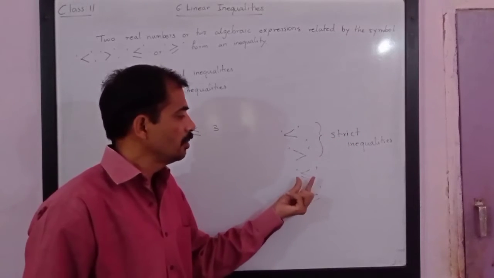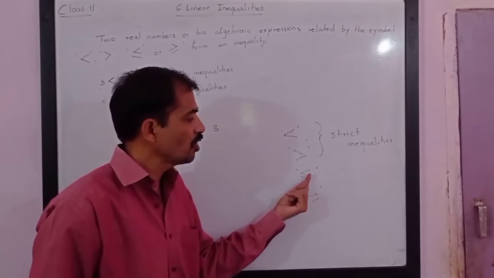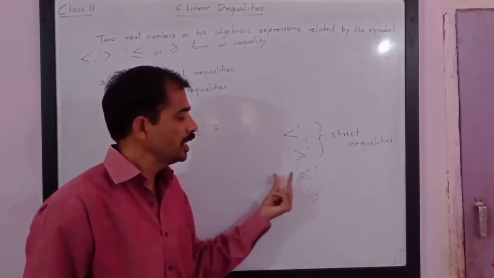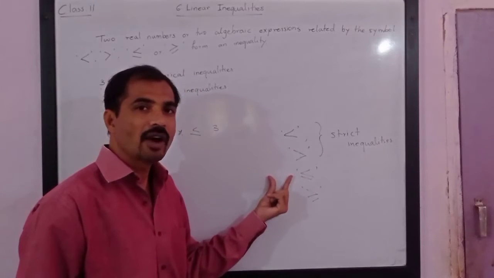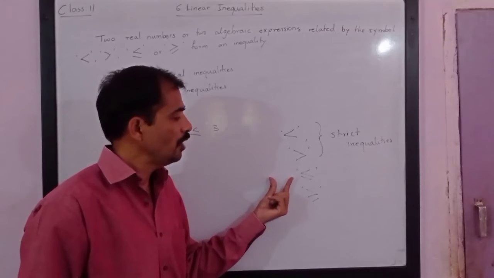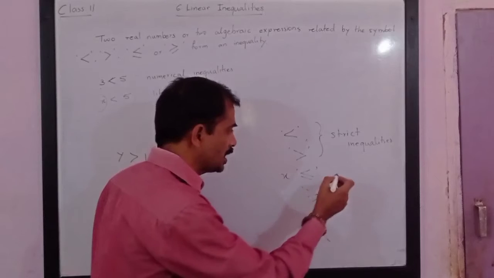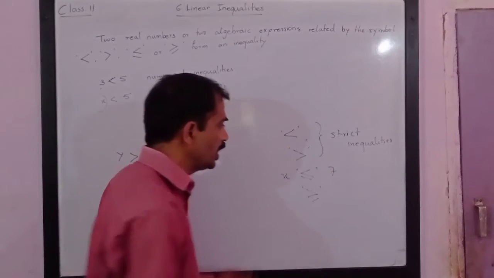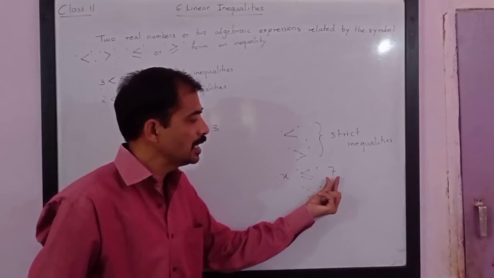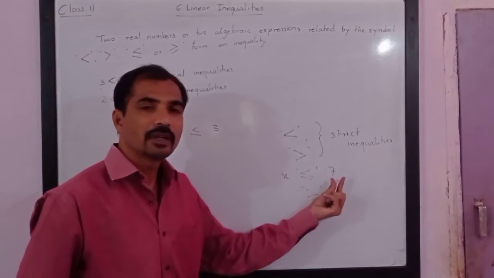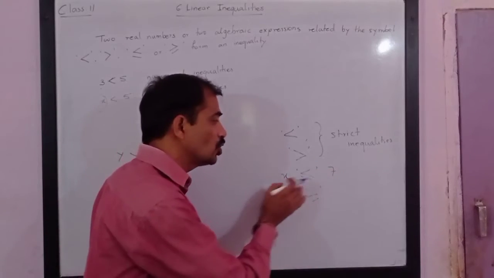The symbol less than equal to means it can be less, or it can be equal also. Take x less than equal to 7. It means x may be less than 7 or x may be equal to 7. So there exist two possibilities.